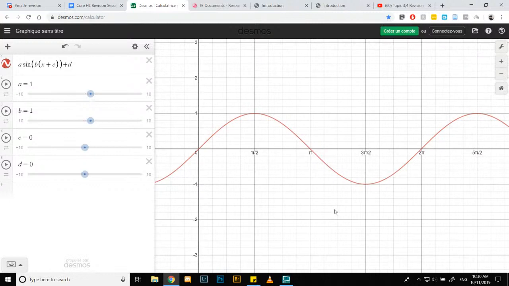The way that we manipulate sine functions is exactly the same as how we manipulate any function. If you noticed earlier, we developed a few different rules for how to alter functions, and all of those rules apply directly to trigonometric functions as well. So we have the first one, which is just stretching in the y direction. That's a very simple one: it changes the amplitude of the sine curve.